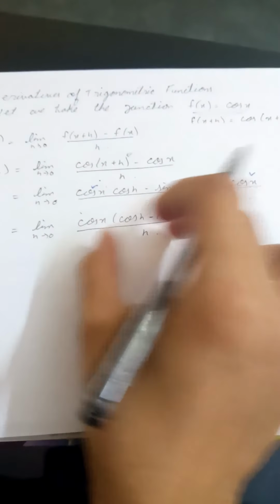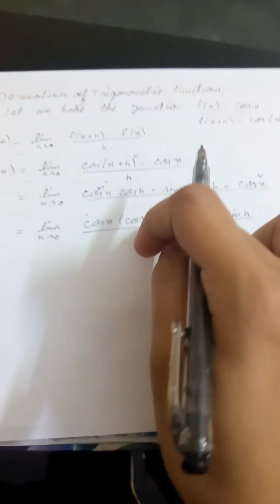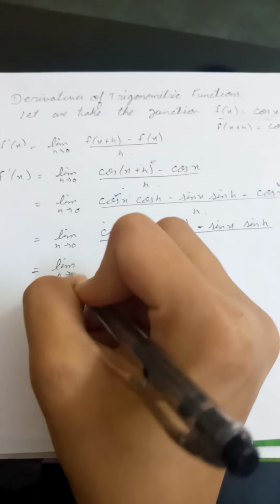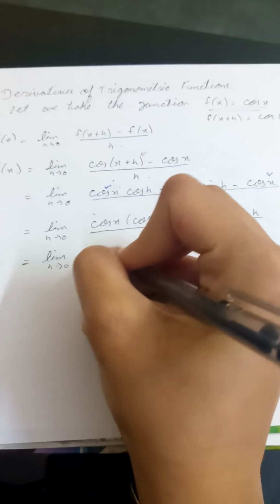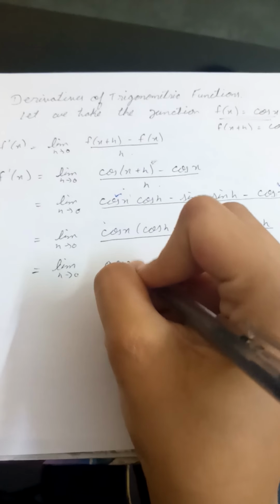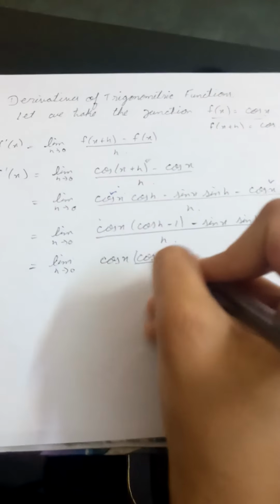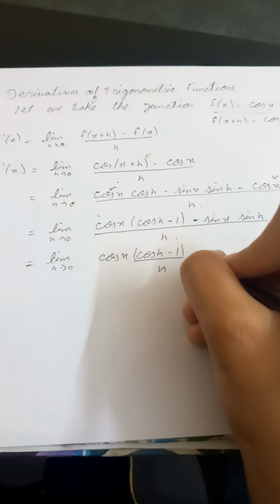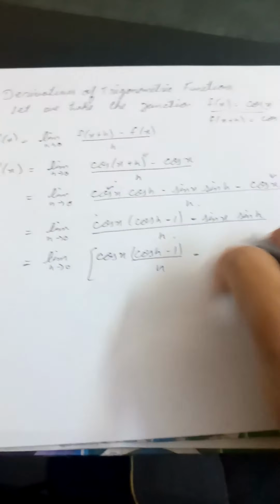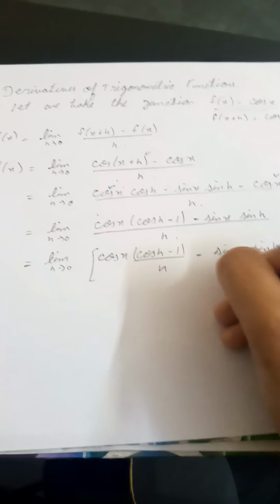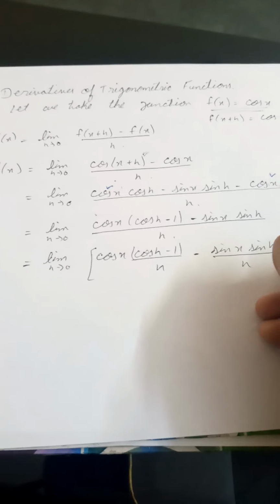I can break this fraction, h with this term and h with this term. That will become limit h tends to 0 of cos x times cos h minus 1 divided by h, minus sin x sin h divided by h.